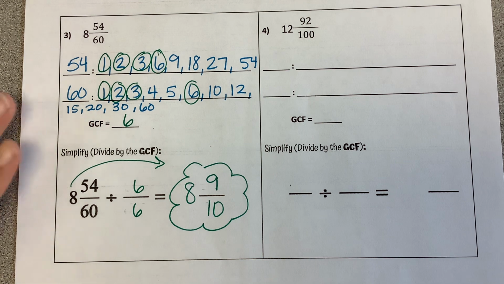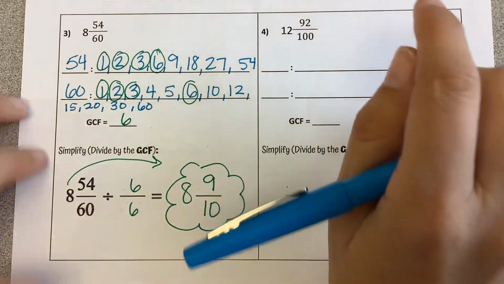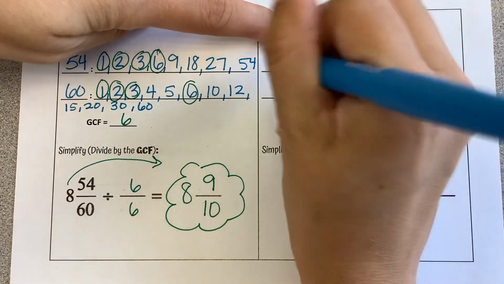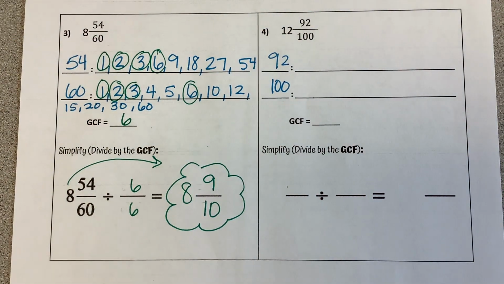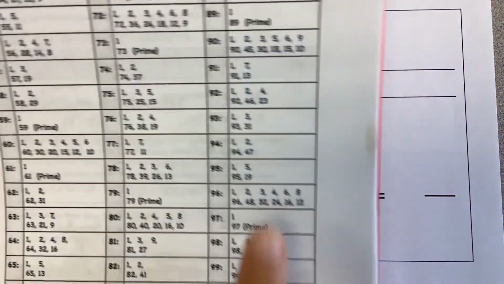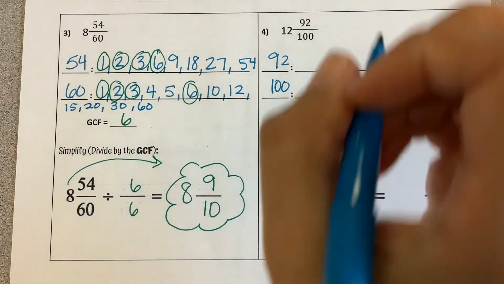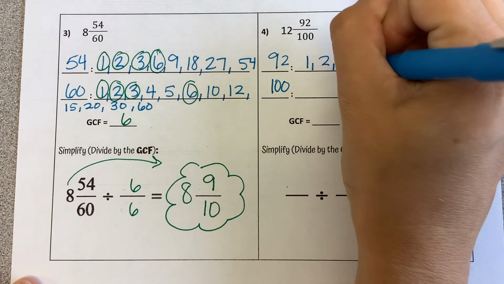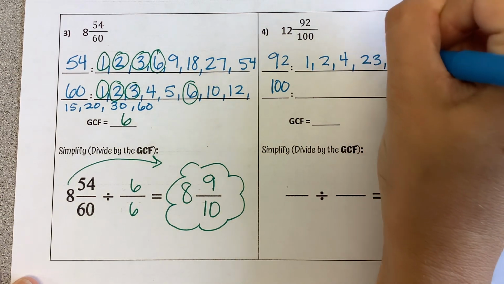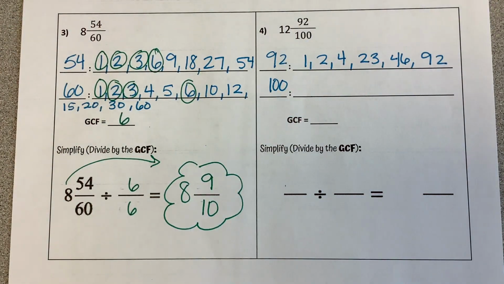All right, one more problem. 12 and 92 over 100. So again, we're not simplifying that whole number, we're just simplifying the fraction part, 92 and 100. So I'm finding 92. Looking at those factors, writing those out here. We've got 1, 2, 4, 23, 46, 92.